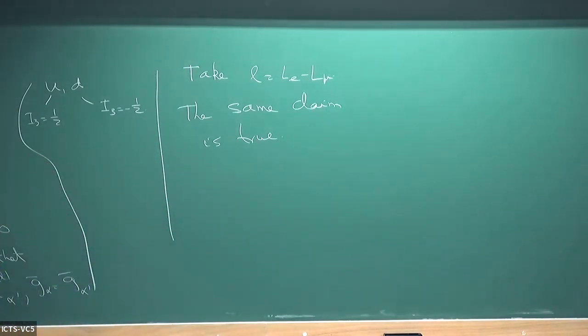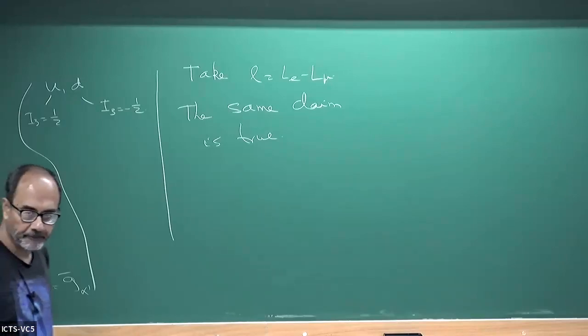Namely that either C_L alpha is 0, or that there is always an alpha prime for which this happens. So now let's say given an alpha, how we choose our alpha prime.